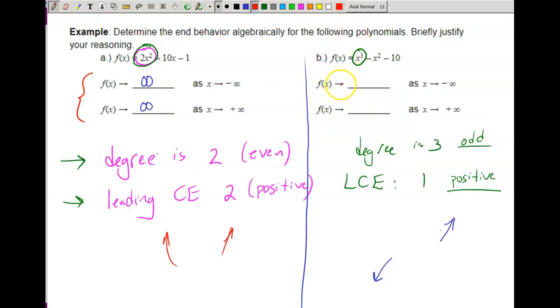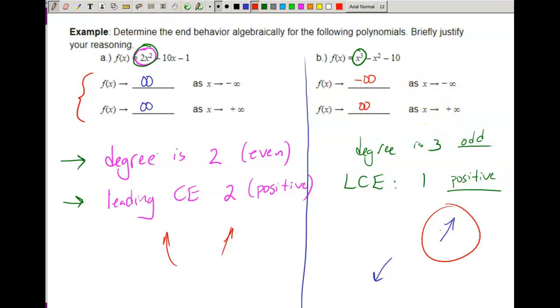So f of x, the graph is getting bigger or smaller as we go to the left? Well, it's getting smaller. This is going to indicate this little part right here. And so we're going to say this approaches negative infinity. The graph is approaching negative infinity as x approaches negative infinity. And f of x approaches positive infinity over here as x approaches positive infinity as well.